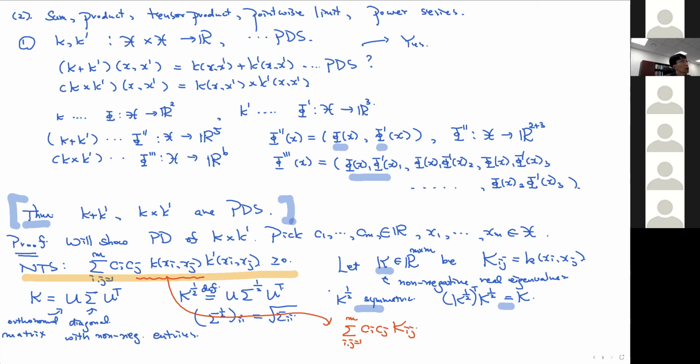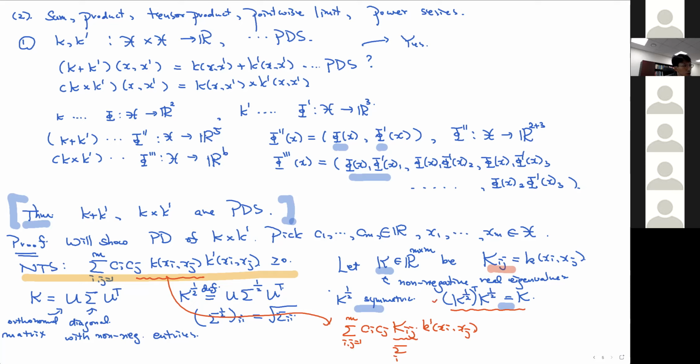That's by definition. The definition of Kij is small k applied to xi, xj, times k prime of xi and xj. Now because of this equality, we can express Kij like this. Since it's a matrix multiplication, it's the ij entry of the left-hand side of this equality.